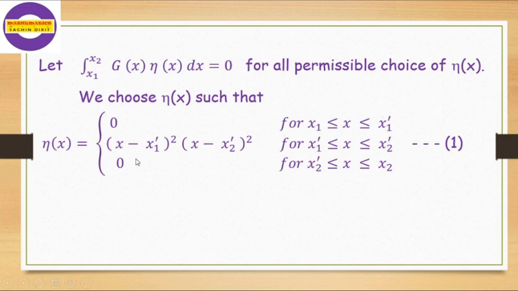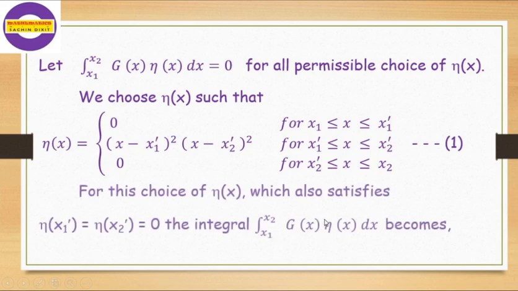For these three intervals we define eta of x. The value of eta of x is equal to 0 for x1 less than x less than x1 dash. The value of eta of x is (x minus x1 dash) squared times (x minus x2 dash) squared for x1 dash less than x less than x2 dash, and the value of eta of x is equal to 0 for x2 dash less than or equal to x less than or equal to x2.